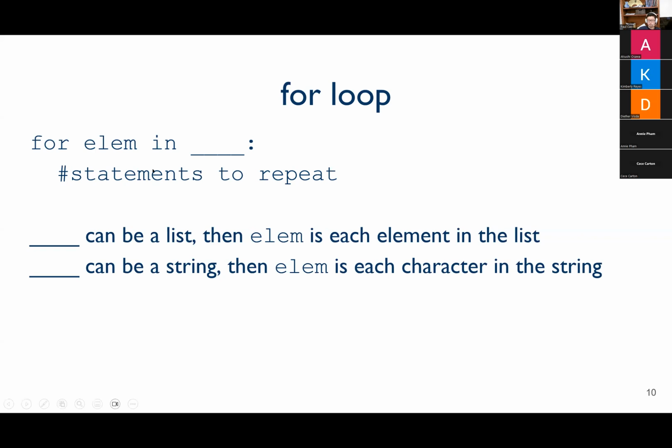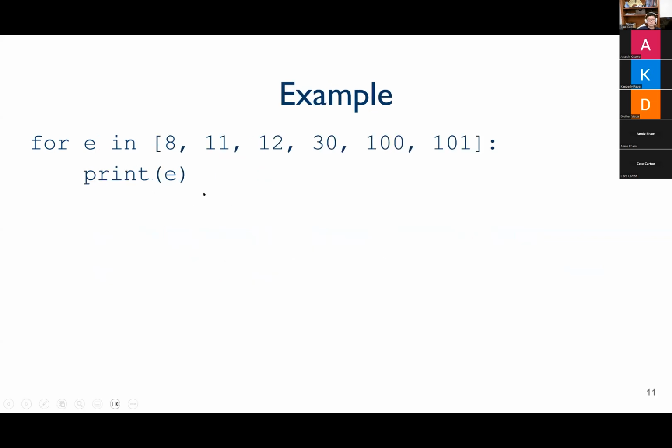Let's look at one example here. For E in this list, I print E. How does Python evaluate this statement? In this for loop, this is a for each loop. We call this for each loop the first version. So E would be taking a value from this list. Initially, in the first round, E would take a value of 8. And then you say print E, 8 will be printed.